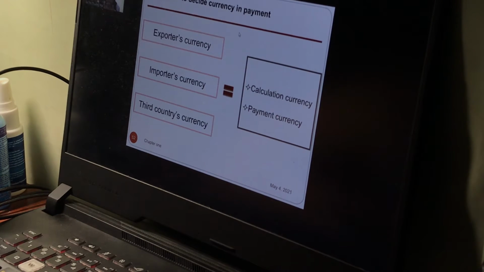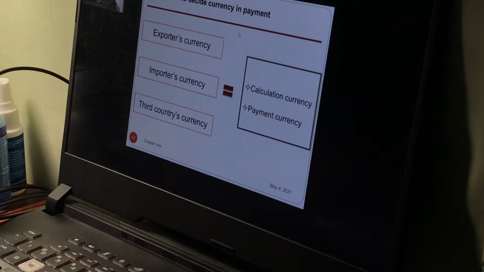List the popular currencies that we often use. I mean that Vietnamese exporter or Vietnamese importer often use in the sale contract. Also in theory, on the slide, you can see we can use exporter currency, importer currency, or third country currency like Mr. Tang and Miss Hang mentioned before.